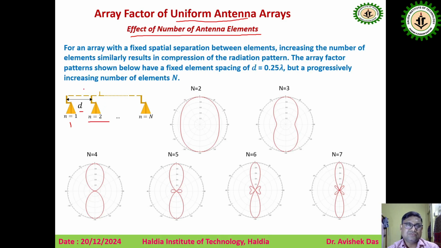Now in this uniform linear antenna array, if we increase the number of elements, how the radiation pattern changes, we will discuss here. So this one is figure 1.